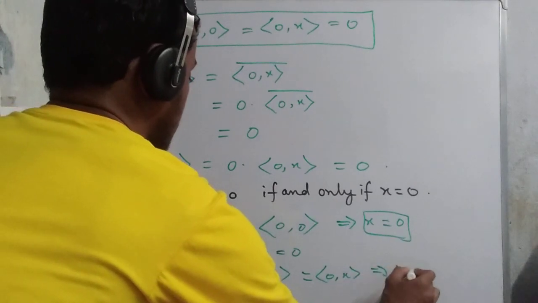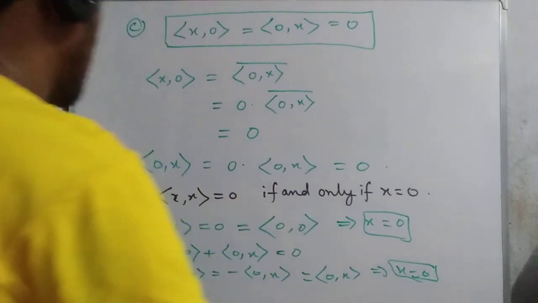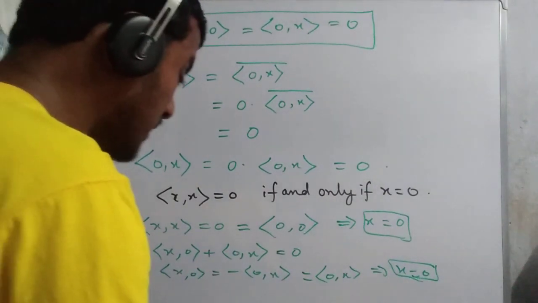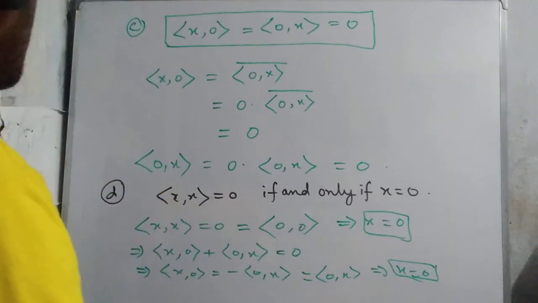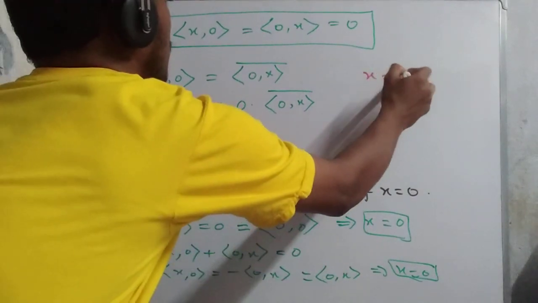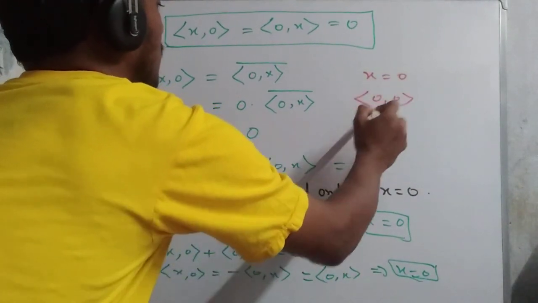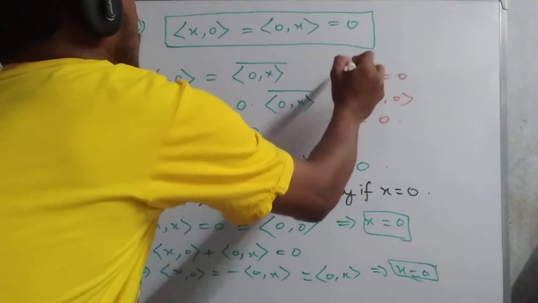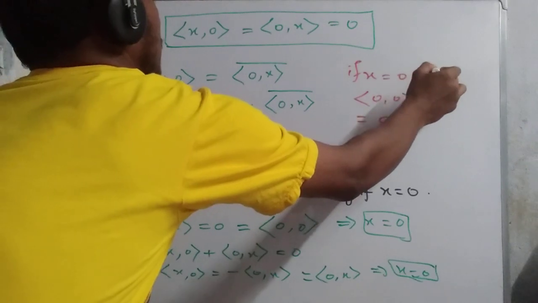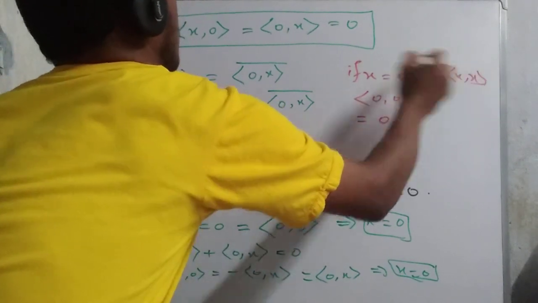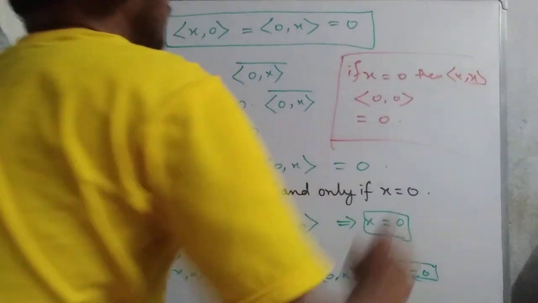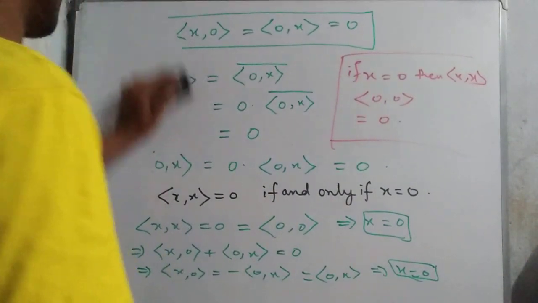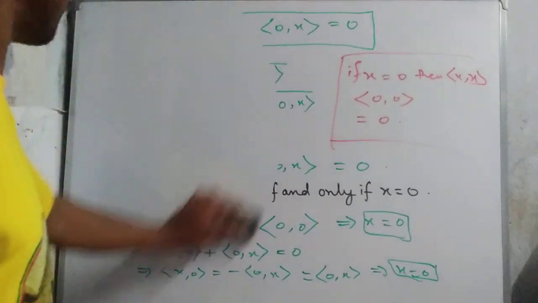Then this one implies <x, x> equals 0, then this one implies x equals 0. In this way we have also done it. And the other direction is trivial: if x equals 0, then <0, 0> is 0. So we erase that portion and go on to further discussion. Understood?